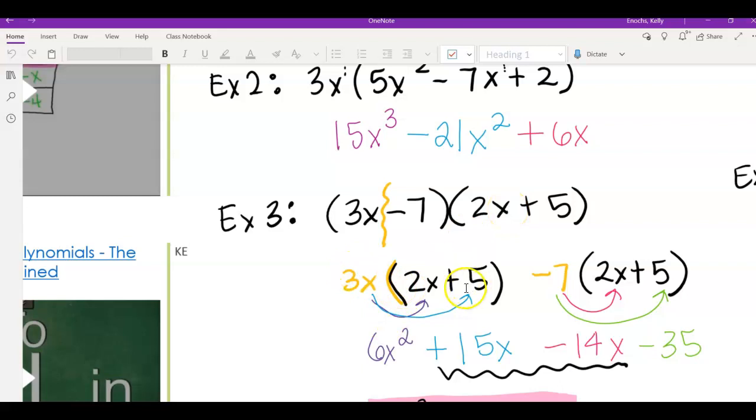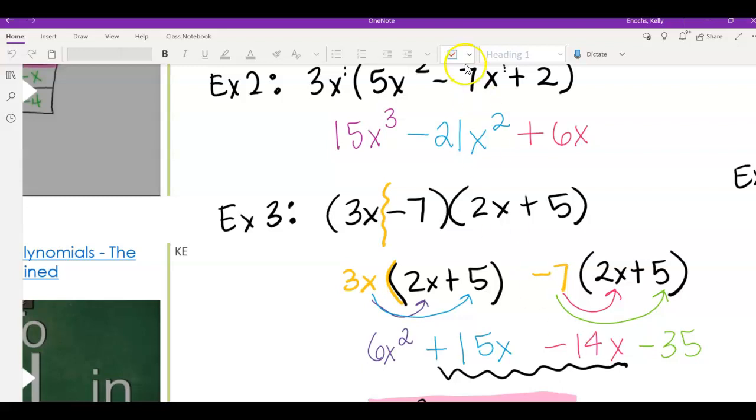So 3x times 2x plus 5 and negative 7 times 2x plus 5. And then you can do your distributive property 2 times. So I have my first distributive property, 6x squared plus 15x. And then over here, my second distributive property is negative 14x minus 35. And then the only thing you have to do is remember to combine any like terms when you do multiple sets of multiplying.